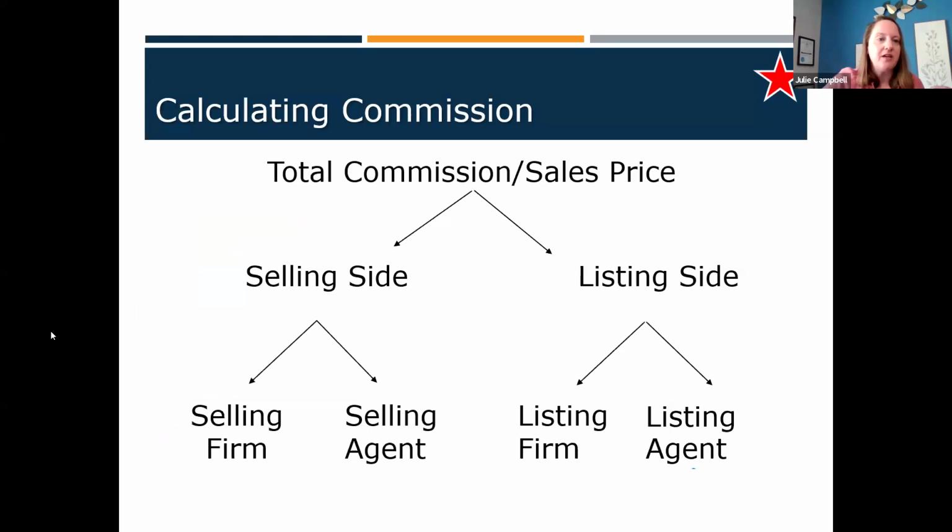The problem gives me the total commission, and it wants to know what the listing agent is going to collect. So the map shows me that I need to go from here to here to here. And each step, each tier, is when I need to pick up a calculator.